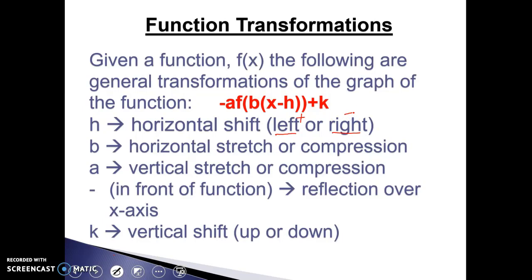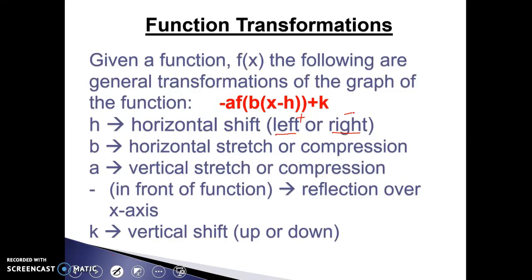And then horizontal stretch or compression, it's the opposite. So stretch is going to happen when b is less than 1, and compression is going to happen when b is greater than 1. A on the outside, that's a vertical stretch or compression, and it's just like what you would think. If it's greater than 1, then it's a stretch. If it's less than 1, it's a compression.